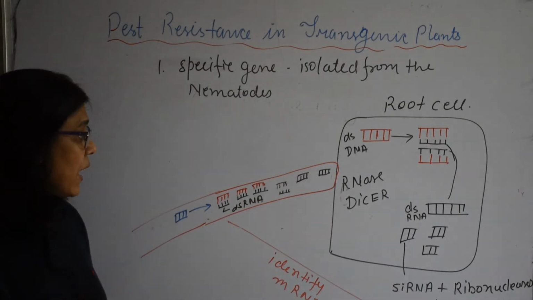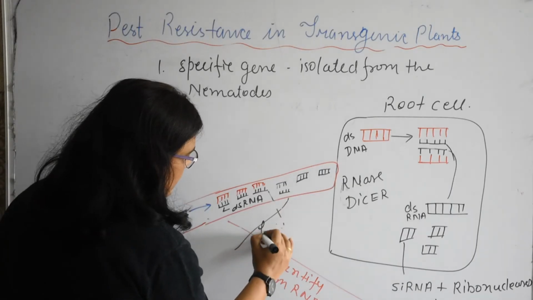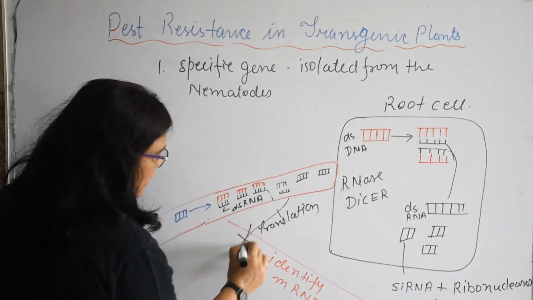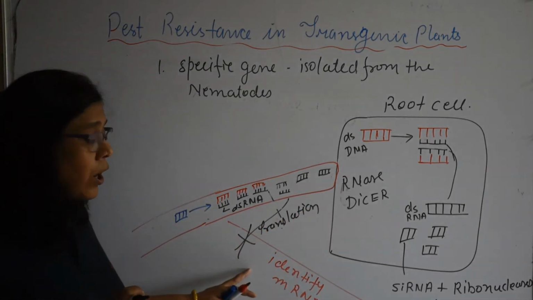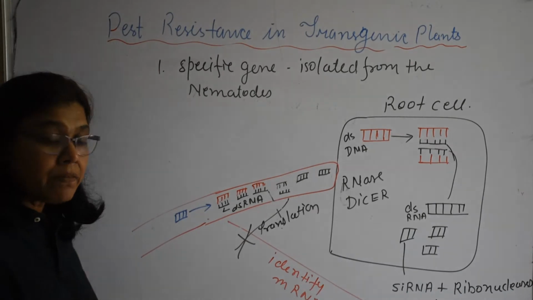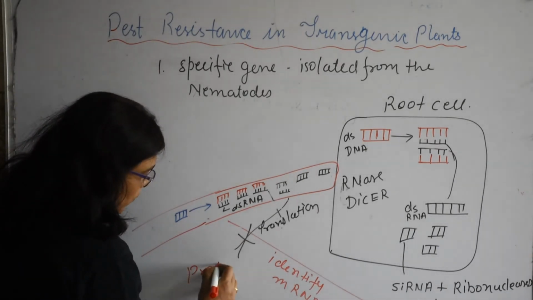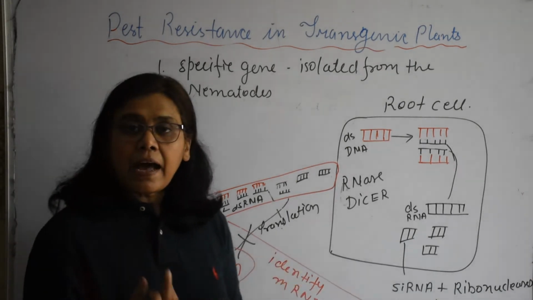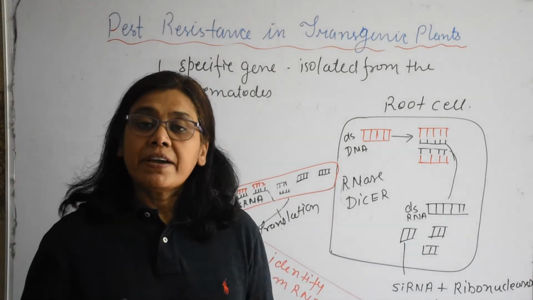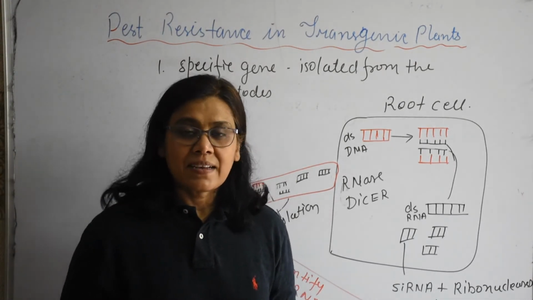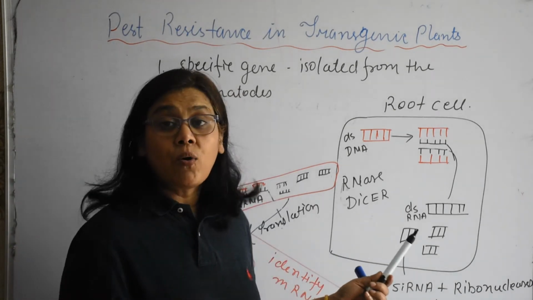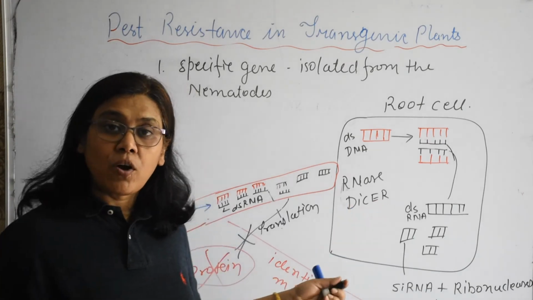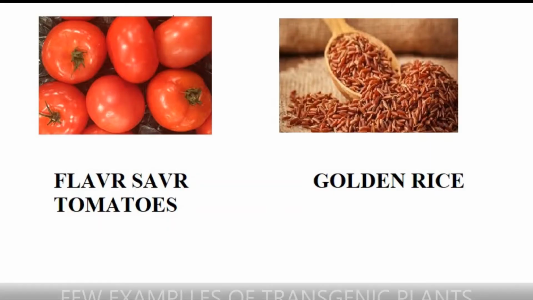Once the messenger RNA is destroyed, translation will not occur, and so the protein will not be synthesized. In the absence of the protein, eventually the parasite will die. This is how the transgenic plant will protect itself against the infection of nematodes.